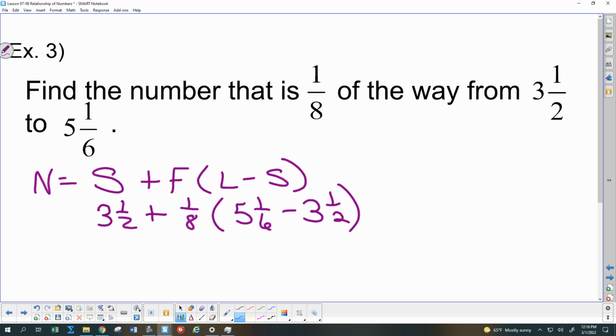So I'm going to be going to the right. Does that make sense? If we start at 3.5 and we go to 5 and 1/6, do we need to be going to the right? So far our setup makes sense, and we're going to go on. All right, we have mixed numbers in here, and we've got some adding, subtracting, and multiplying to do. What should we do first, since we have mixed numbers in this?